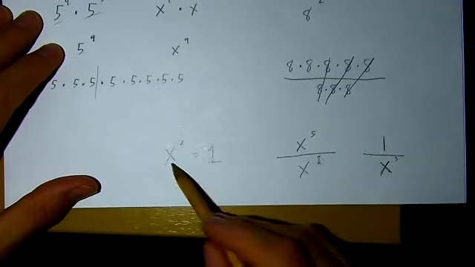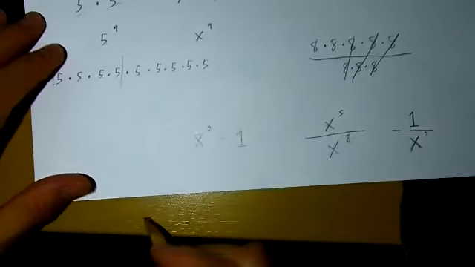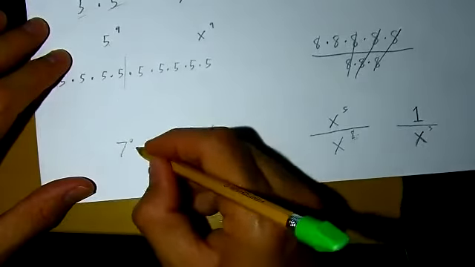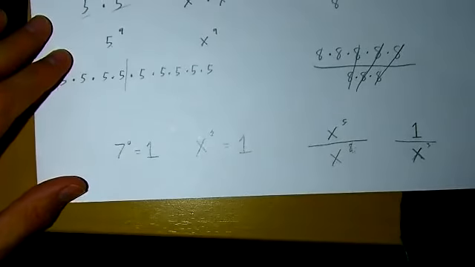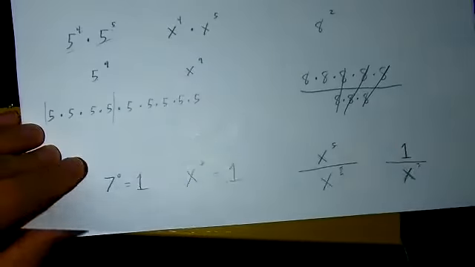So x to the 0 is 1. And that goes for anything. You can have 7 to the 0, and that's still equal to 1. And that's not degrees, that's to the 0 power. So this moves us on to mixing numbers and letters together.